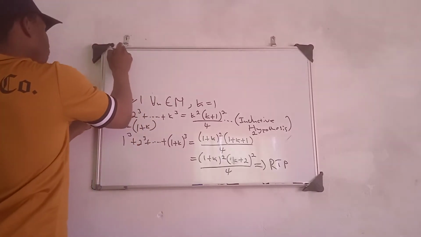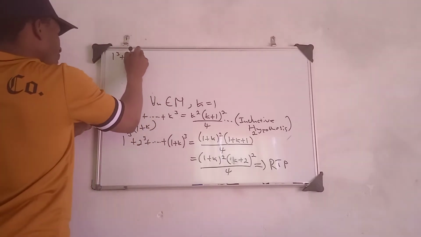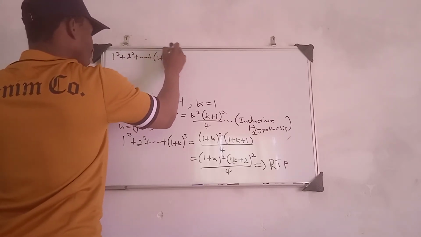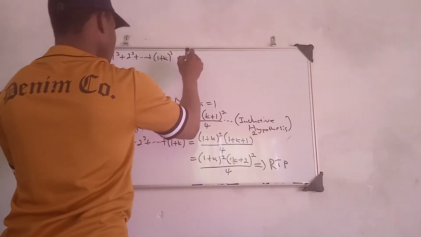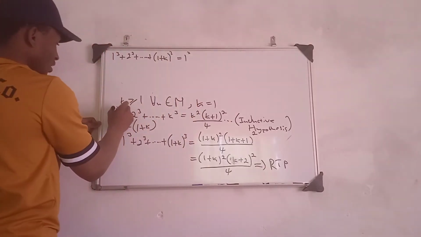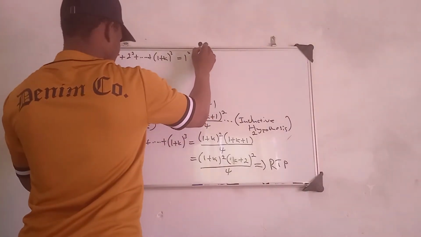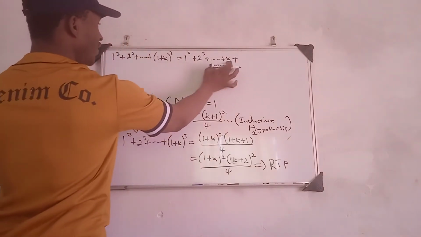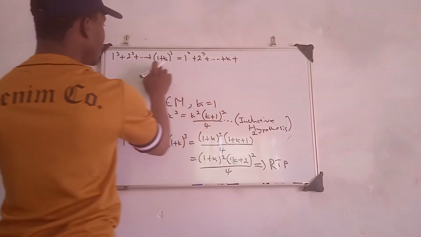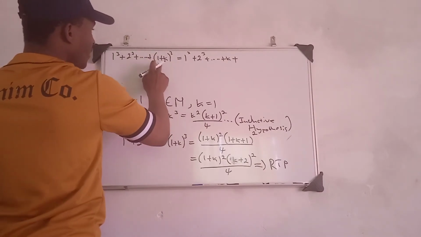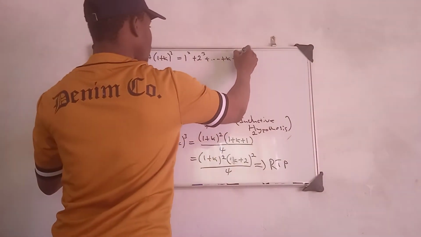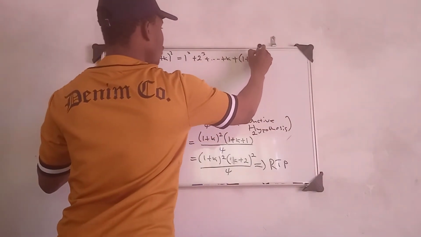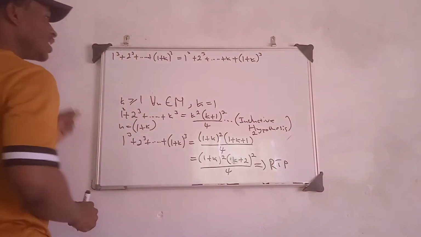So it's 1 to the power 3 plus 2 to the power 3 plus all the way to (1 plus k) to the power 3 equals 1 to the power 3 plus 2 to the power 3 plus up to k to the power 3, and I'm also adding this term because it also appears here. When I'm adding this term, I'm getting (1 plus k) to the power 3. You take it the way it is, guys.